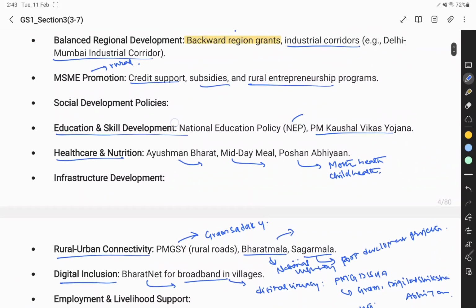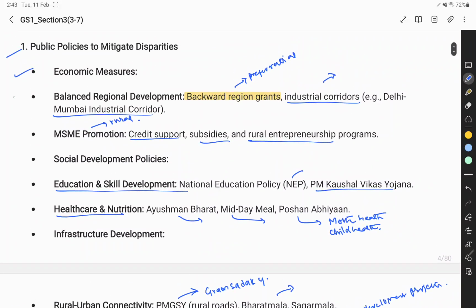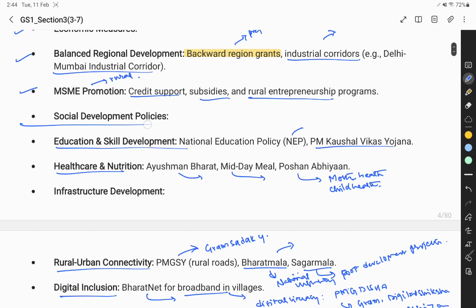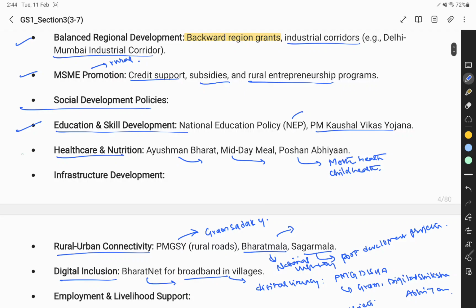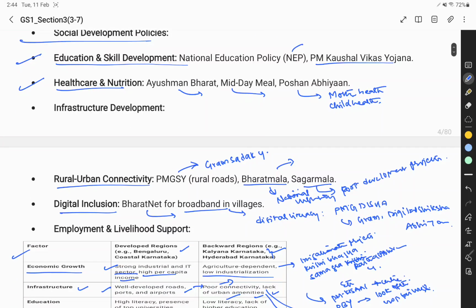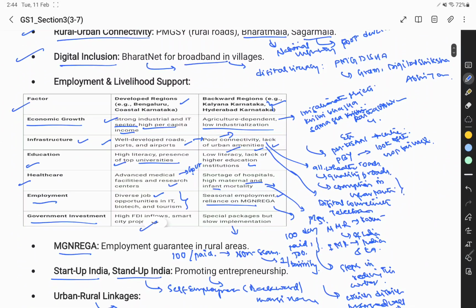Something like this you can write, and it should include economic measures, which are like public policies to mitigate disparities, balanced regional development, MSME promotion. Then the social policies include education and skill development, healthcare, nutrition. Then infrastructure development like rural-urban connectivity, then digital inclusion.